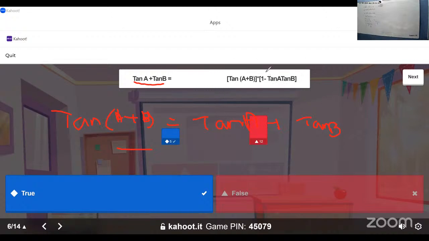But what is it? This is the rule that you all know. What is it? Oh, this. Tan A plus B is not the same as that. That's not the same thing.